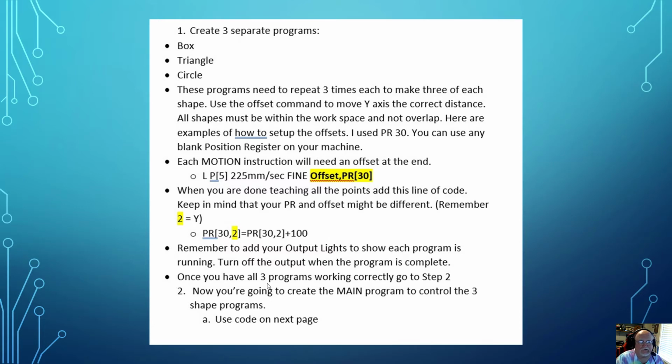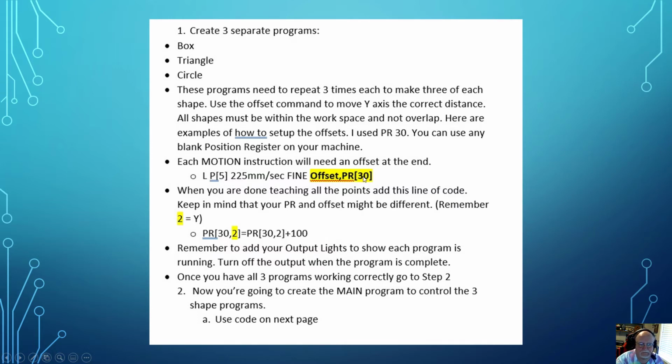So each motion instruction will need an offset at the end. When you do your motion instruction, make sure that you put the offset right there like I have. You do that by just moving your cursor over there and then hitting an F5 choice, F4, F5, whatever, choice, and selecting offset, and then put in your position register number.